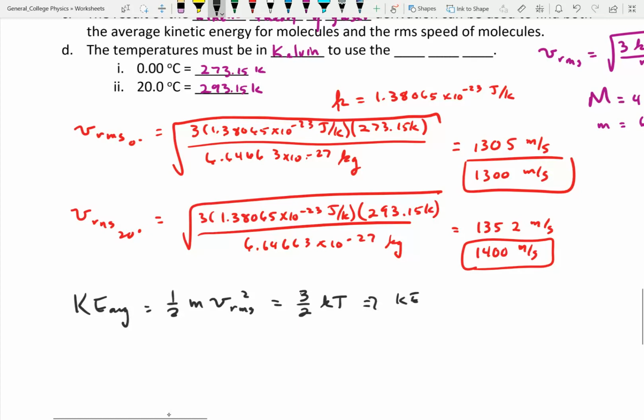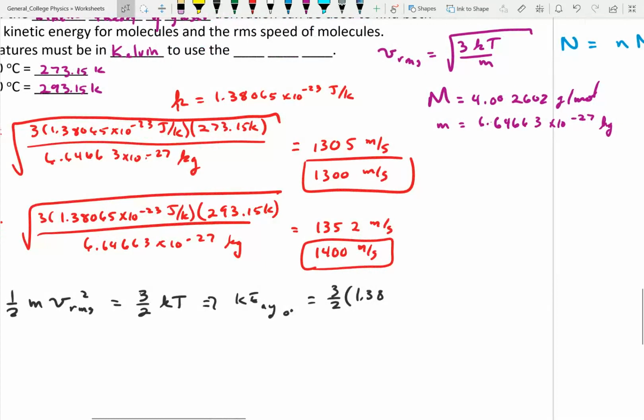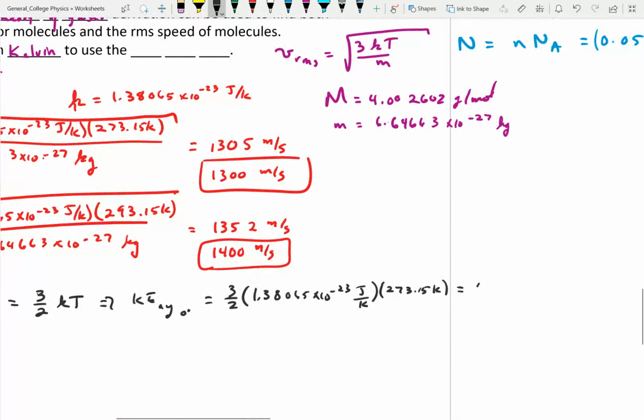Average kinetic energy at 0 degrees is 3/2 times 1.38065 times 10 to the minus 23 joules per kelvin, times my temperature of 273.15 kelvins, and that equals 5.66 times 10 to the minus 21 joules.